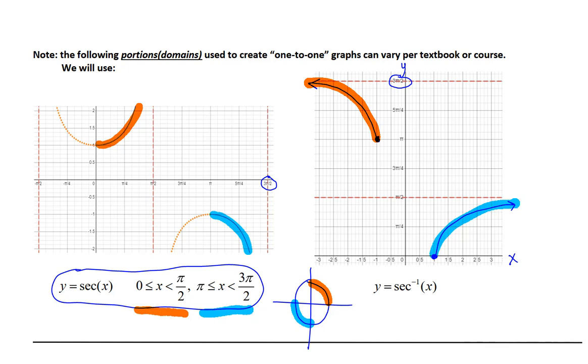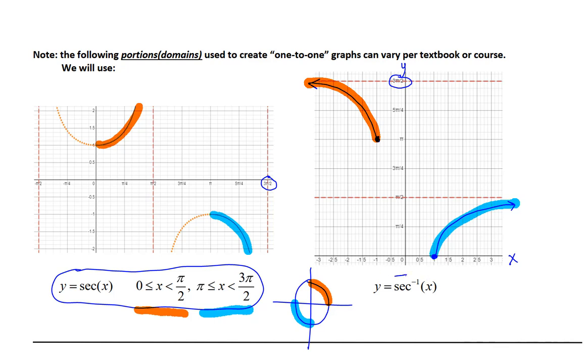And so you could also visually recognize that we're using really half. Remember, it's like you're cutting the branches from the secant function in half. So if you kind of visualize what the other halves would look like, you can see, oh yeah, it's really just double reflected to create this symmetry for an inverse graph. And we're just using these seemingly randomly clipped portions of the original graph, but it does actually help to use these portions, as we will see going forward.